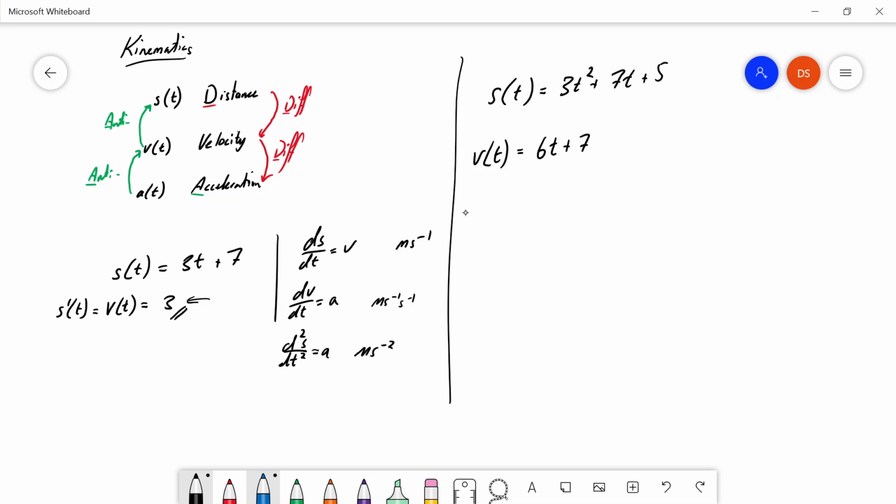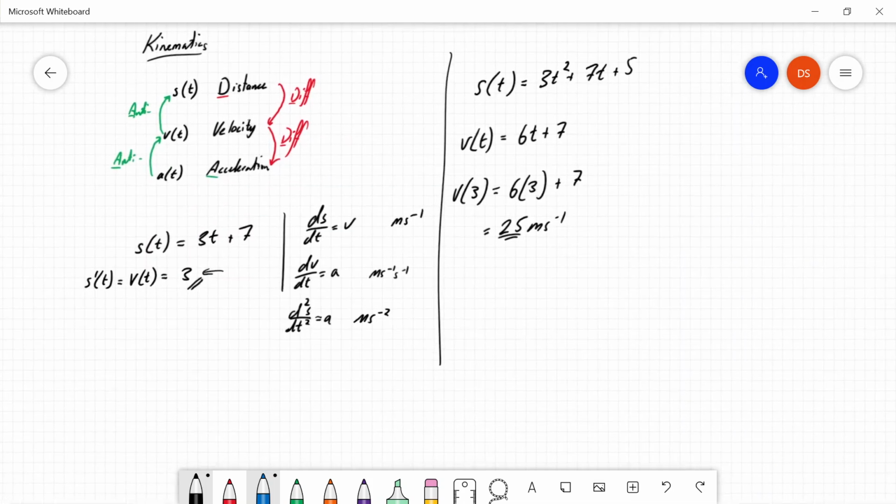And so if I wanted to find the velocity at 3 seconds, the velocity is going to be 18 plus 7, that is 25 meters per second, or whatever units I'm using. In this example, all of them are going to be meters and seconds because that's easy for me to work with. But maybe it's minutes, kilometers, hours, you choose.